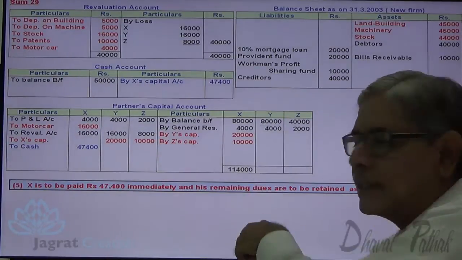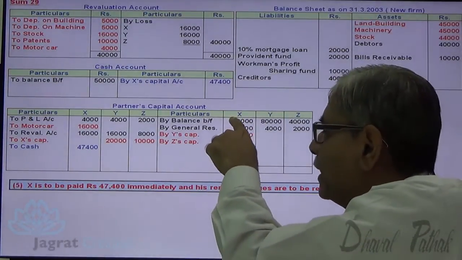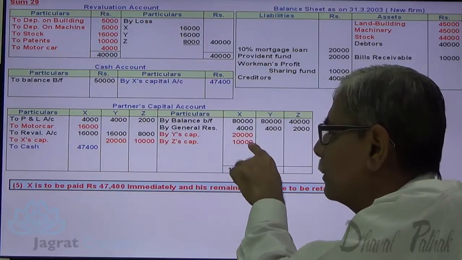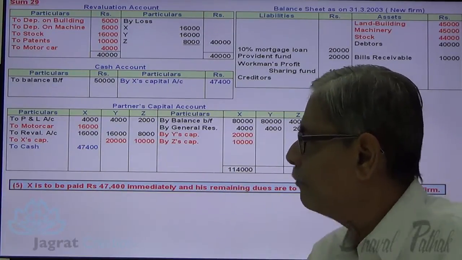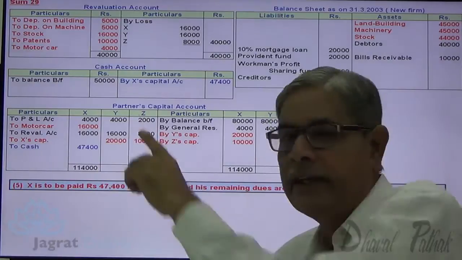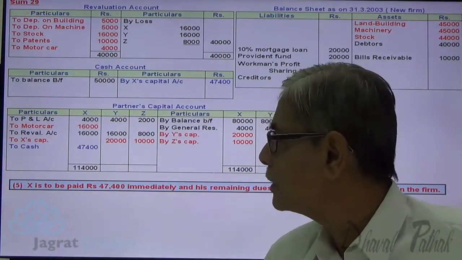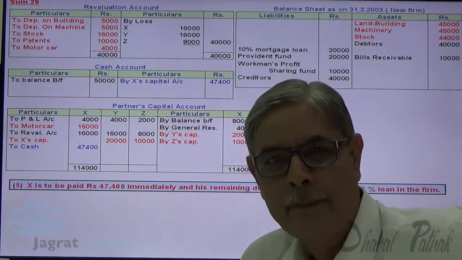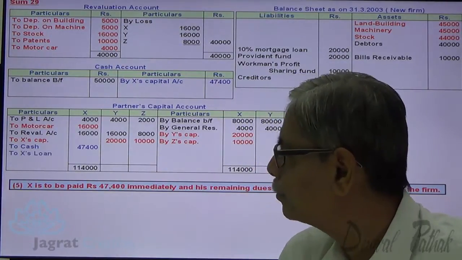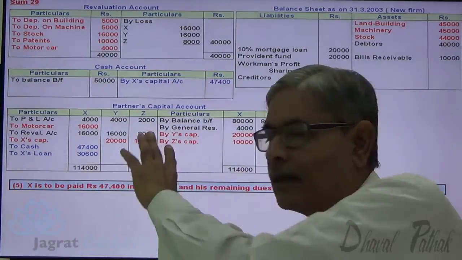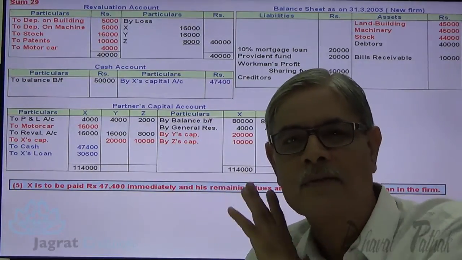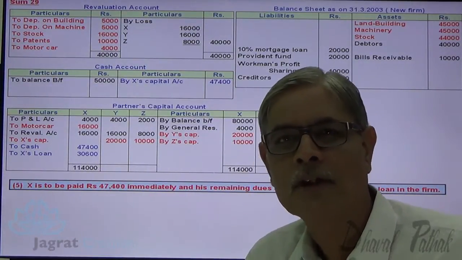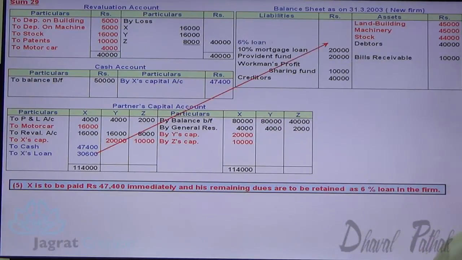So let me close X capital account. Total of credits 80,000 plus 20,000, 1 lakh, plus 10,000 plus 4,000, 1 lakh 14,000. From that you are required to deduct items debited, that is 4,000, 16,000, 16,000 and 47,400. The remaining amount is a loan amount, and that amount works out to be 30,600. X loan 30,600 will appear on the balance sheet liability side.